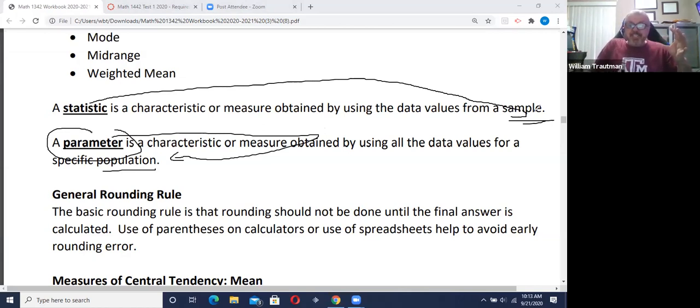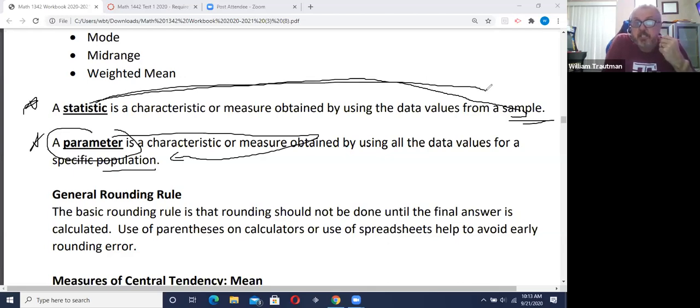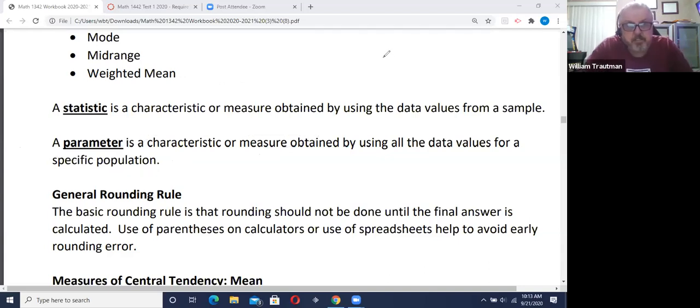So a statistic is part of the sample. A parameter is part of the population. So you do need to know that statistic goes with a sample and parameter goes with a population. Okay, so we do need to mark those down.